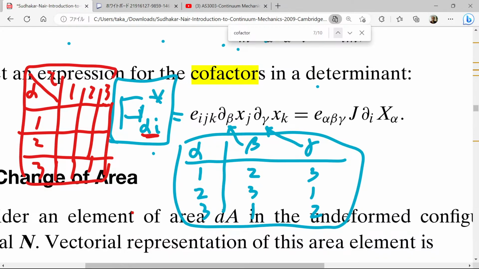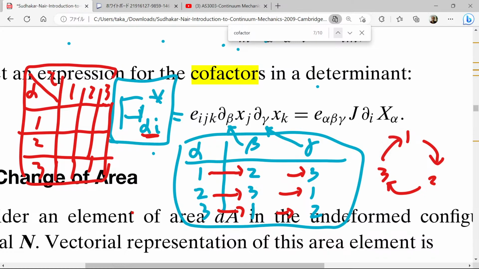Only the ambiguity is what is beta and gamma. And beta you can decide from alpha value. If alpha is 1, beta is 2, gamma is 3. This has to follow 1, 2, 3 this way. If you start from 2, then beta is 3, gamma is 1. If your alpha is 3, beta is 1, gamma is 2.